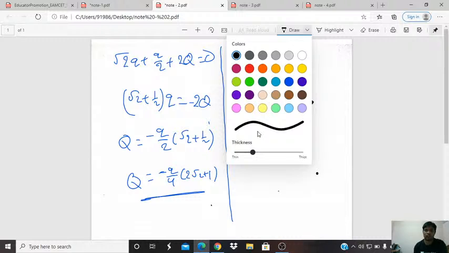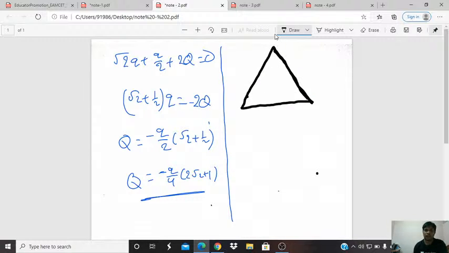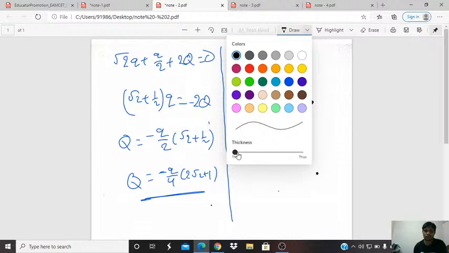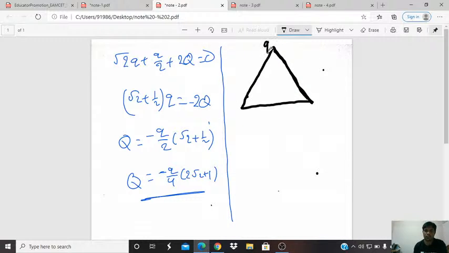So, in this equilateral triangle, 3 identical charges Q, Q, Q are placed.